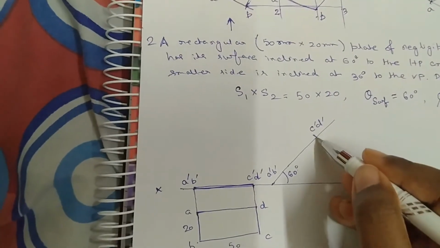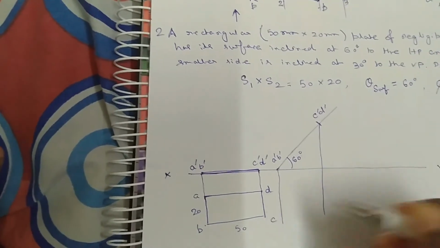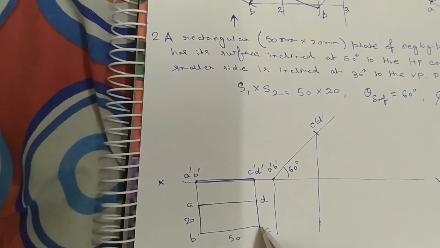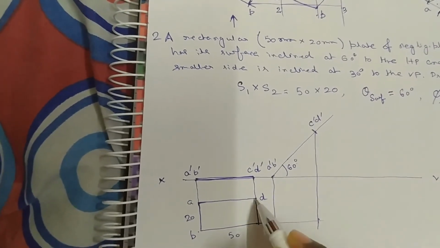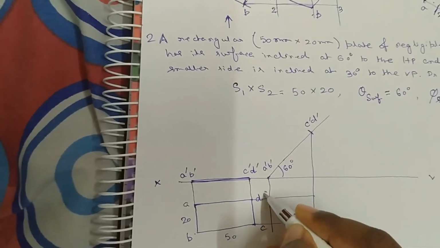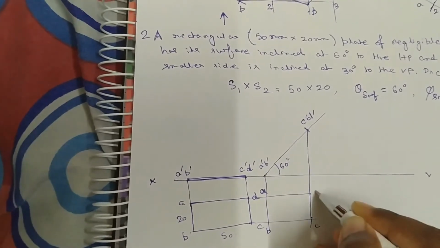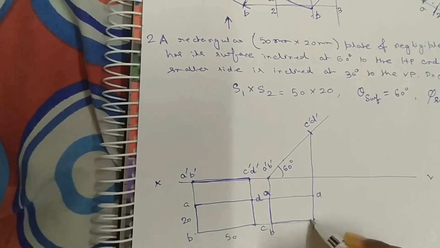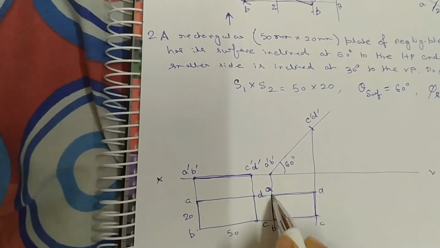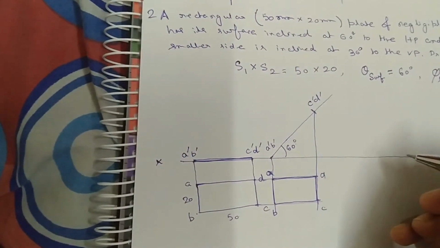After that, we are going to extend all the points onto our top view, and from the top view also we will get all the points. This is A, B, C, D. Basically we are going to get a squeezed rectangle over here.